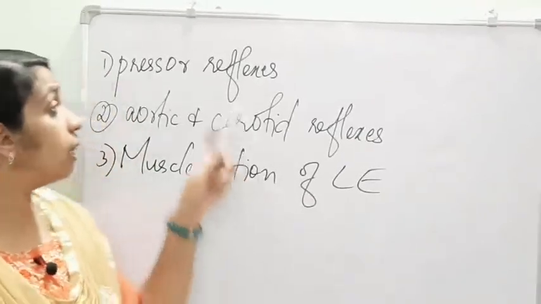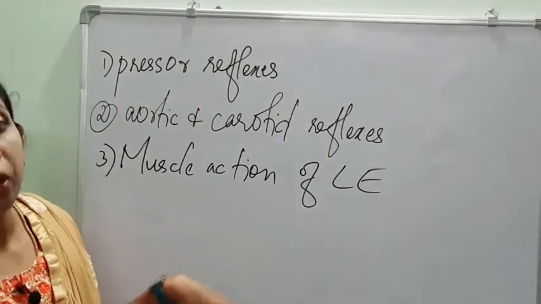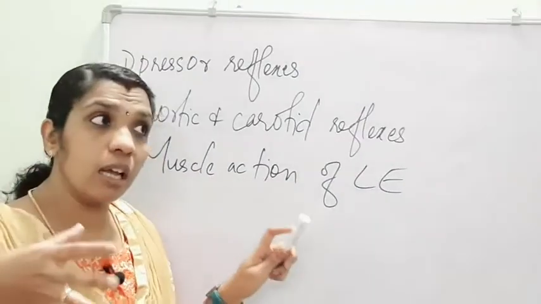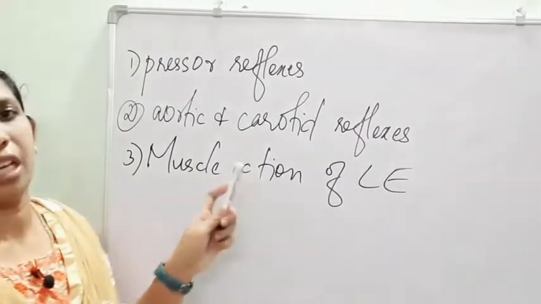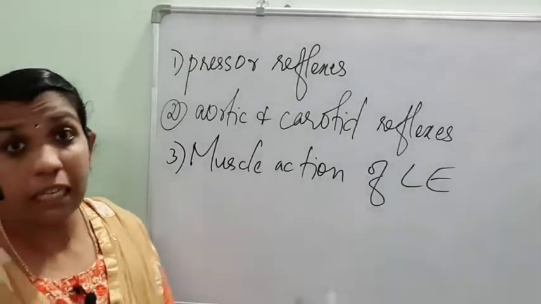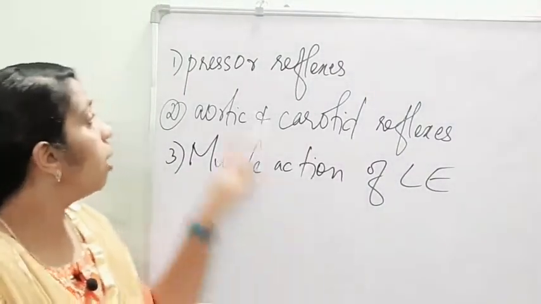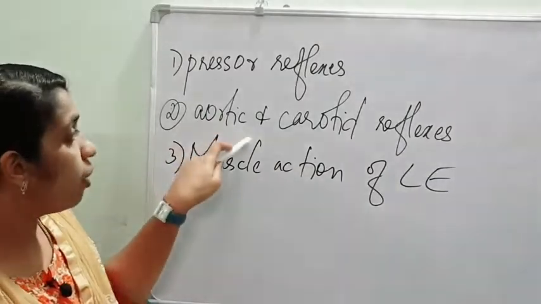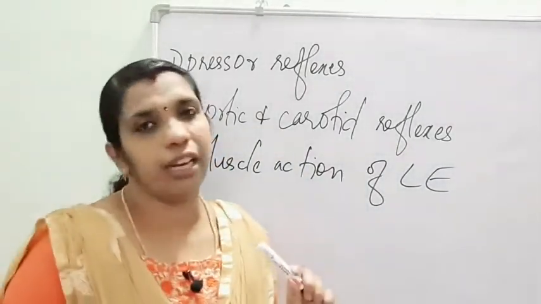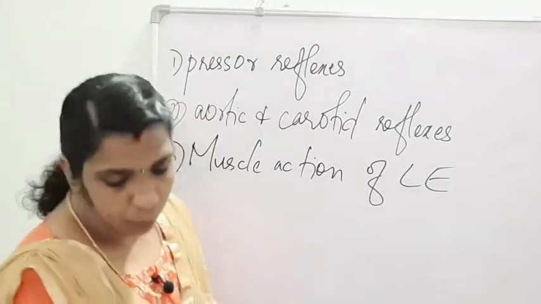So these are the three basic mechanisms which regulate or control the pooling of blood in the lower part of the body: pressure reflexes, aortic and carotid reflexes, and also muscle action of lower extremities. You understand?